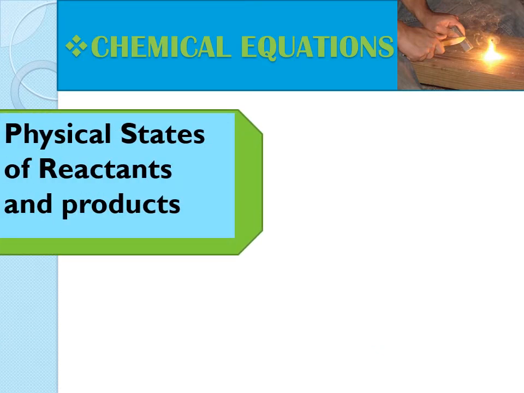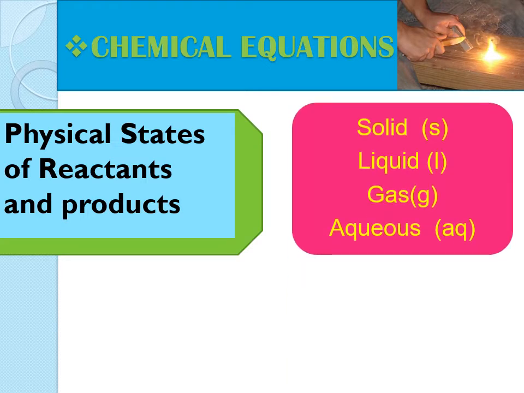Physical states of reactants and products are shown like this. Solids with a small s, liquid with a small l. Gaseous reactants or products are shown by writing a small g, and if aqueous solutions are there, these are to be shown by writing AQ.